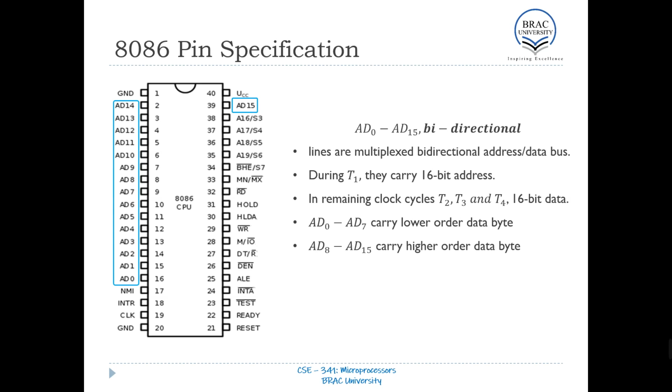AD0 is the least significant bit and AD15 is the most significant bit in this 16-bit combination. AD0 to AD7 carry the low byte and AD8 to AD15 carry the high byte of the data.